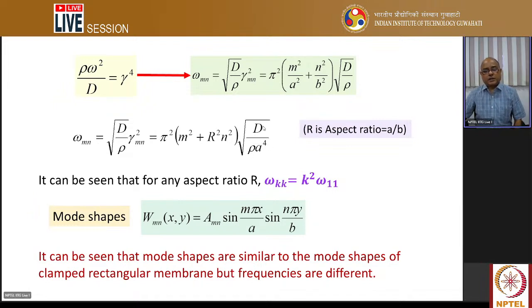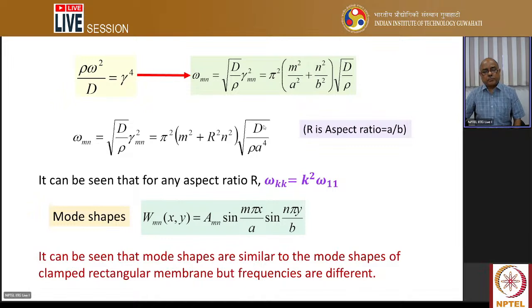So you can see there is some similarity with the beam bending frequency. Beam bending frequency for a simply supported beam, we have seen that the nth frequency is n pi whole square into root over EI.